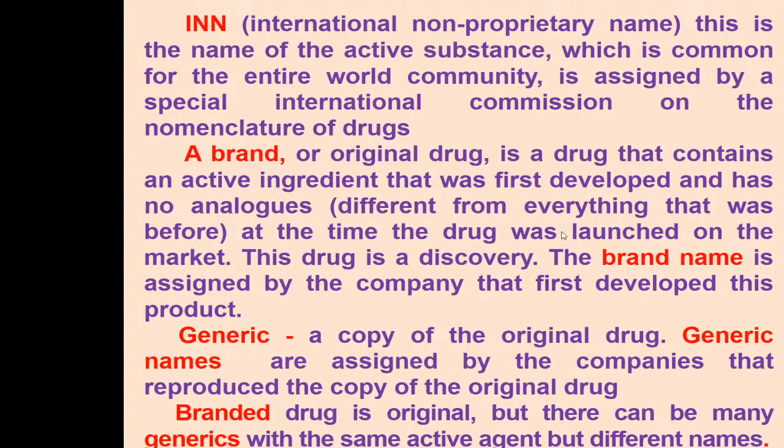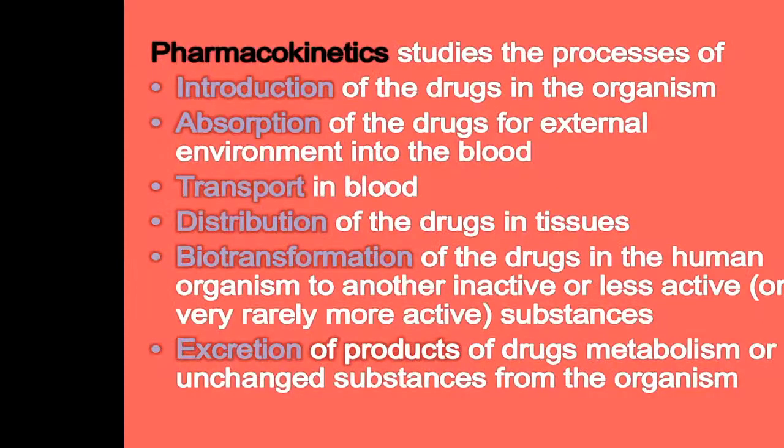So the branded drug is original, but there can be many generics, but all of the generics include one and the same substance with a certain INN, but have different names. Let's continue.